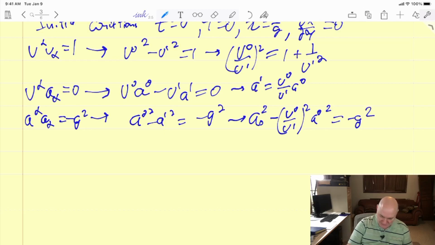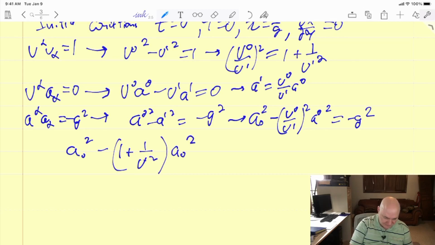Okay. Now I'm going to substitute in this thing here. So I have a0 squared minus 1 plus 1 over u1 squared times a0 squared. And this is equal to, we have a0 squared and we're subtracting off a0 squared. So it's equal to minus a0 squared over u1 squared.